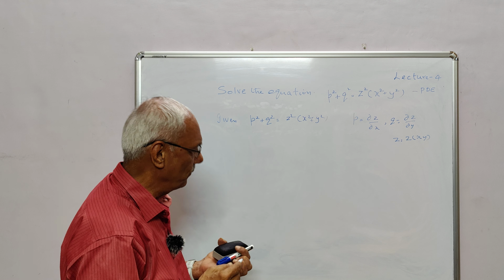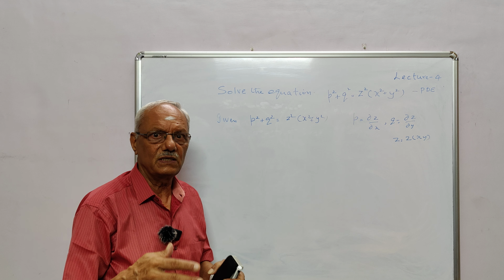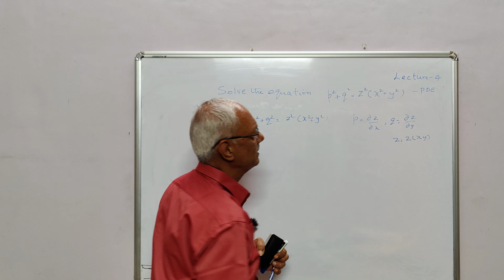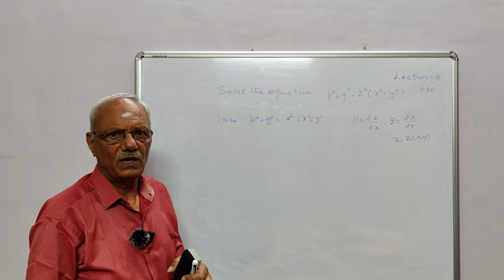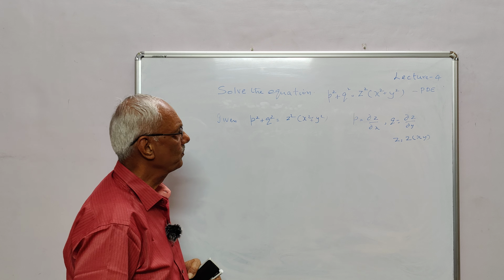And we have to solve for z, where z is the solution. From this, we have to get the value of z in terms of x and y. That is finding the solution.